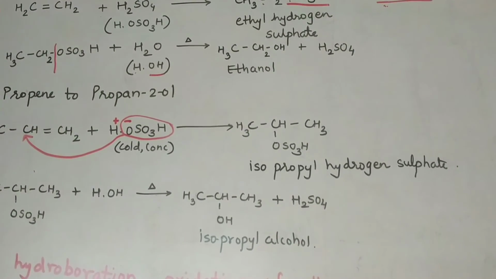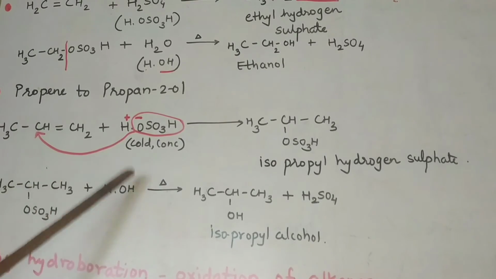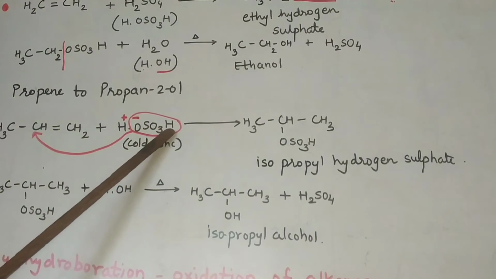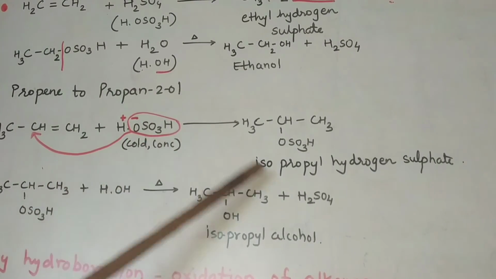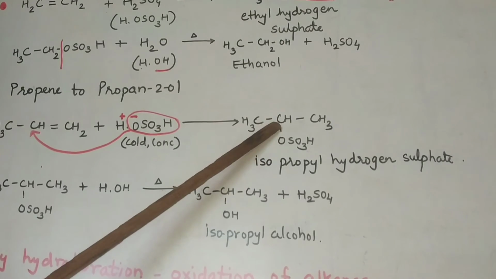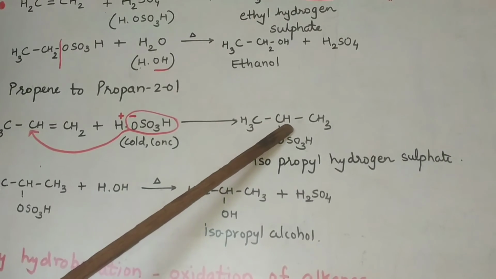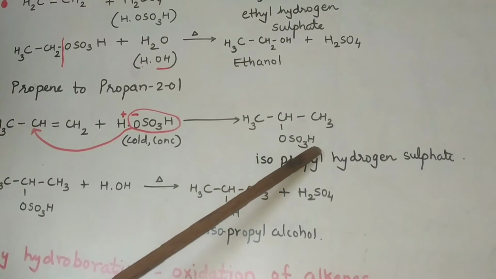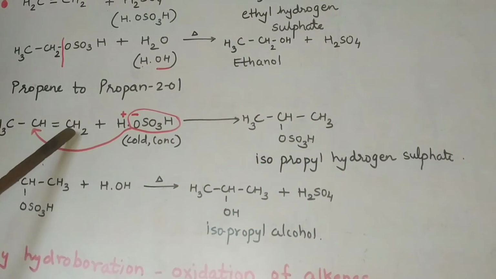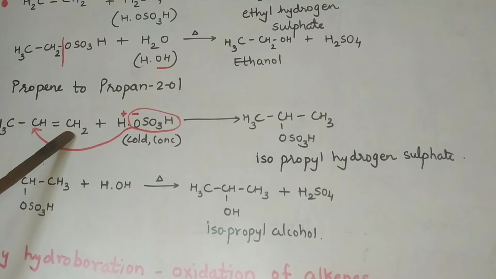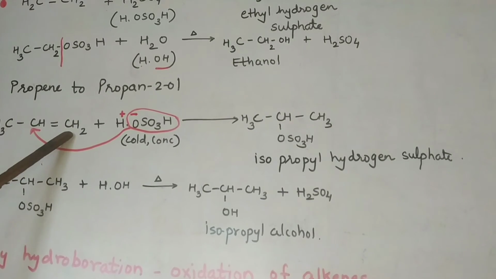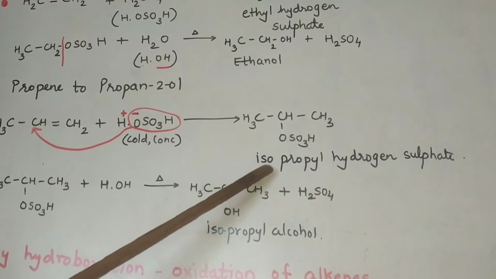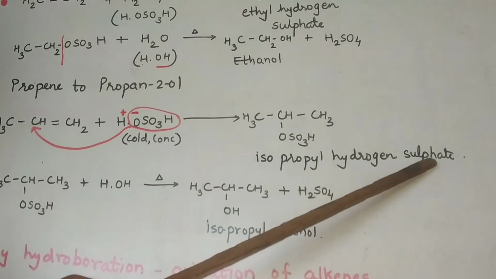So this is Markovnikov's rule. You find that the OSO3H group, which is negatively charged, will get attached to the carbon that has less number of hydrogens, only one hydrogen. So the central carbon gets the OSO3H group, while the other double bonded carbon gets hydrogen, and there is formation of isopropyl hydrogen sulfate.